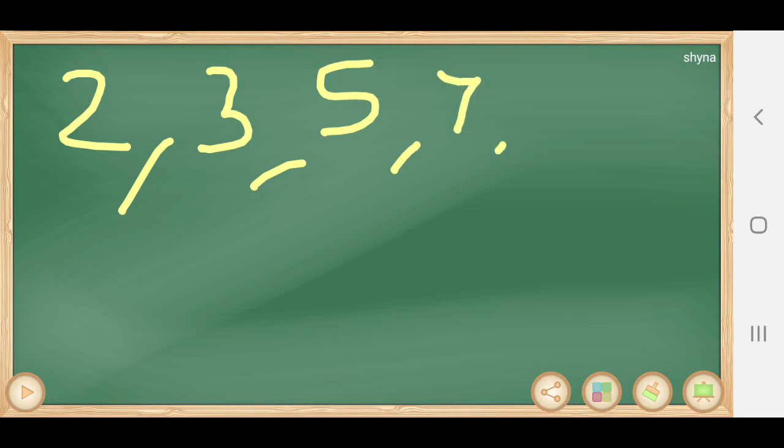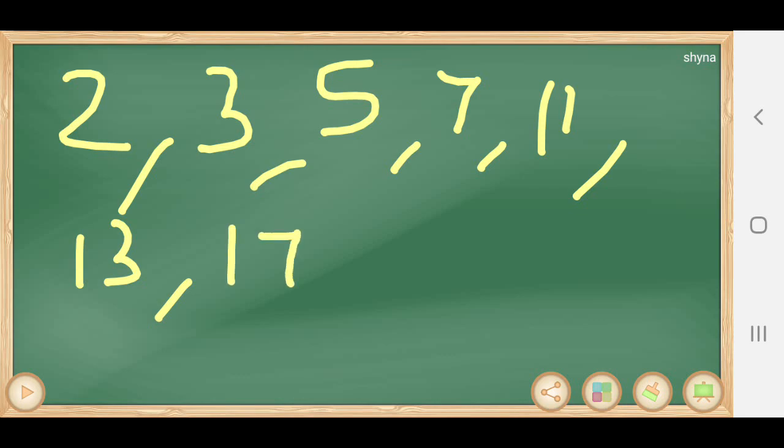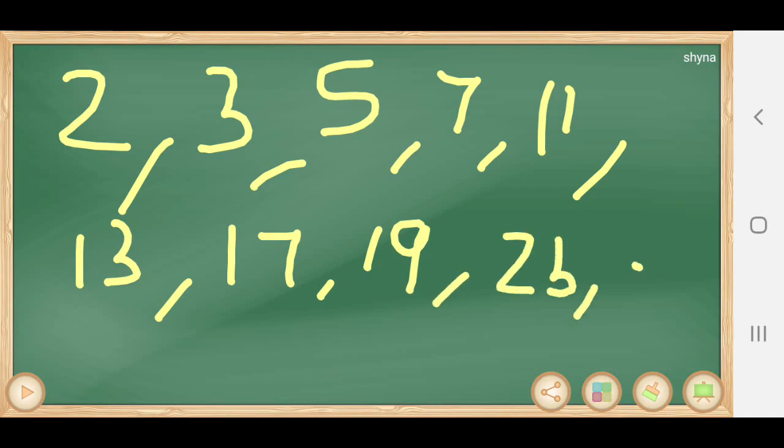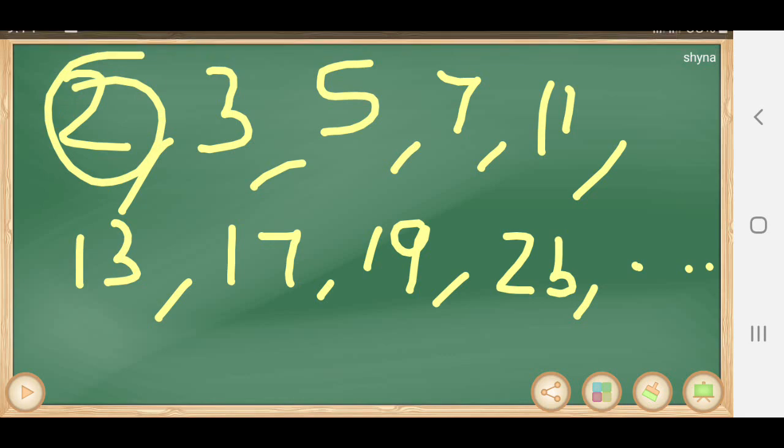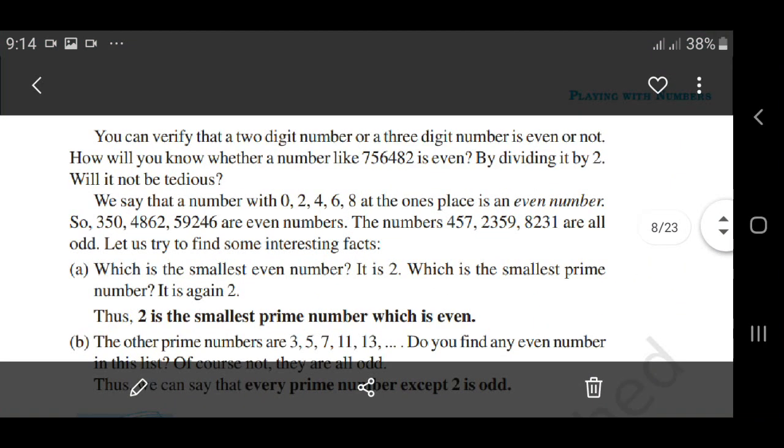You know that 2, 3 prime numbers, 5, 7, 11, 13, 17, 19, 23, etc. Except 2, all are odd numbers. So, 2 is the one and only even prime number. Okay.